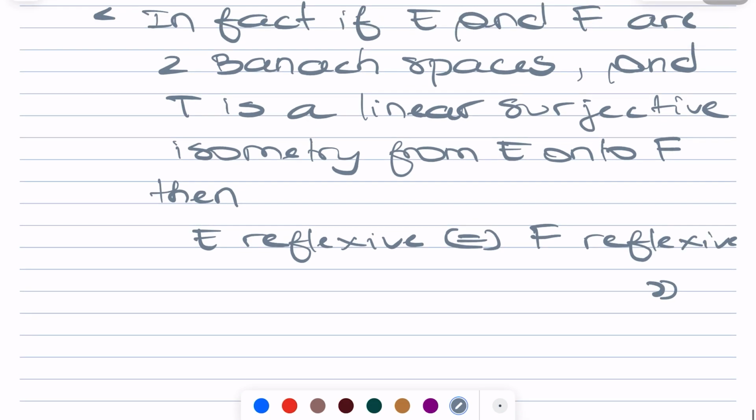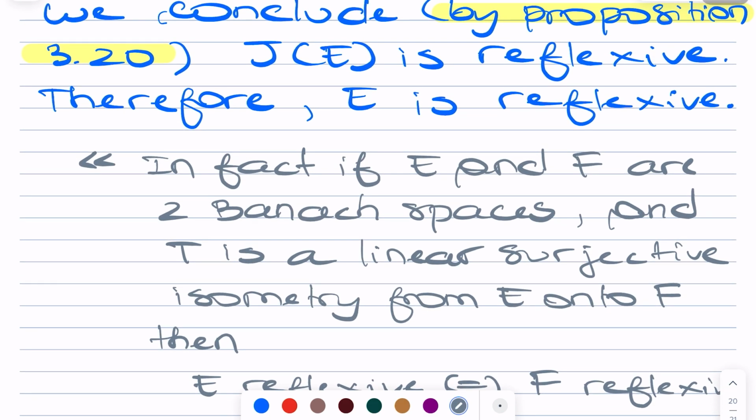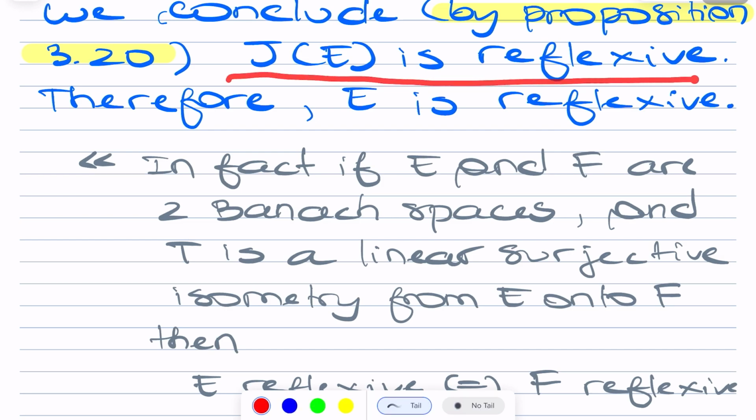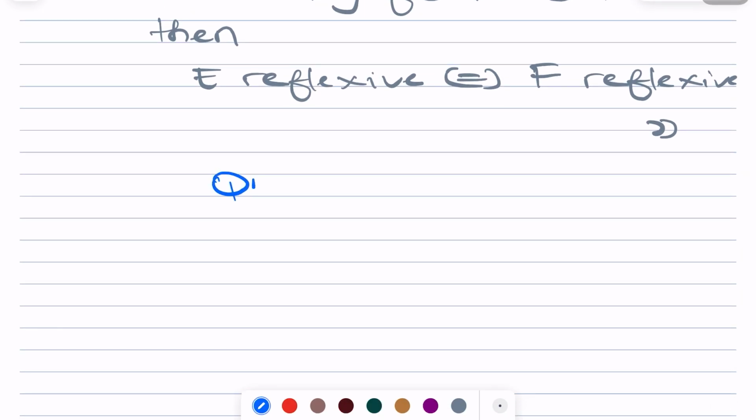So this is the reason why, from J of E being reflexive, we can conclude that E is reflexive directly. Good. So with this we end the proof.